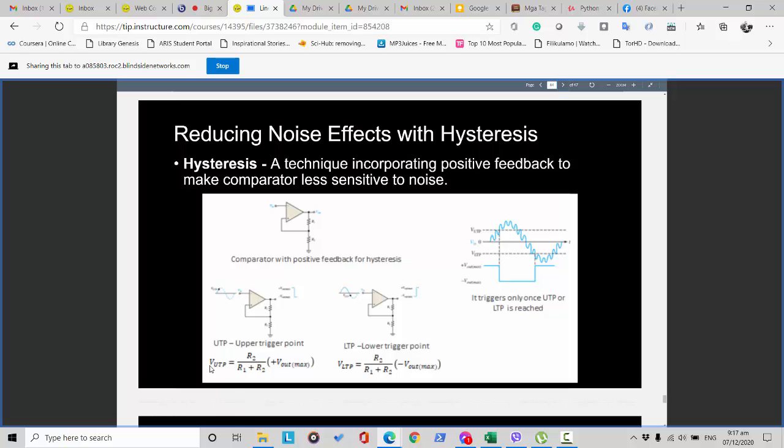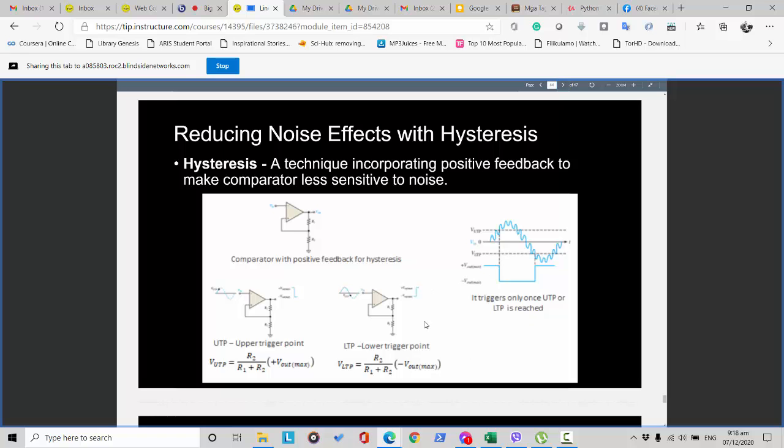The upper trigger point voltage is equal to R2 divided by R1 plus R2 multiplied by the maximum positive output voltage, while the lower trigger point is computed as R2 divided by R1 plus R2 multiplied by the maximum negative output voltage.